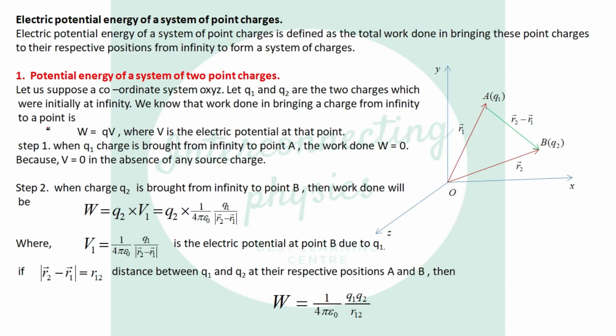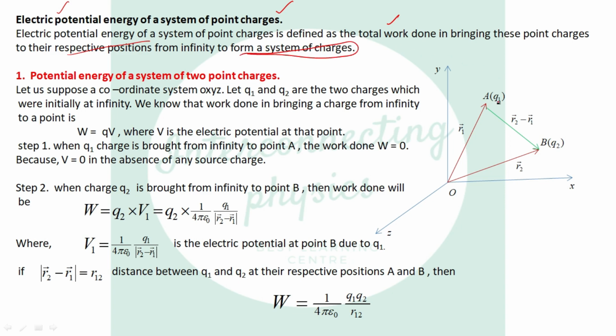So let us discuss the electric potential energy of a system of point charges. Okay, electric potential energy of a system of point charges. So now, what is electric potential energy? The electric potential energy of a system of point charges is the total work done in bringing these point charges to their respective positions from infinity to form a system of charges.